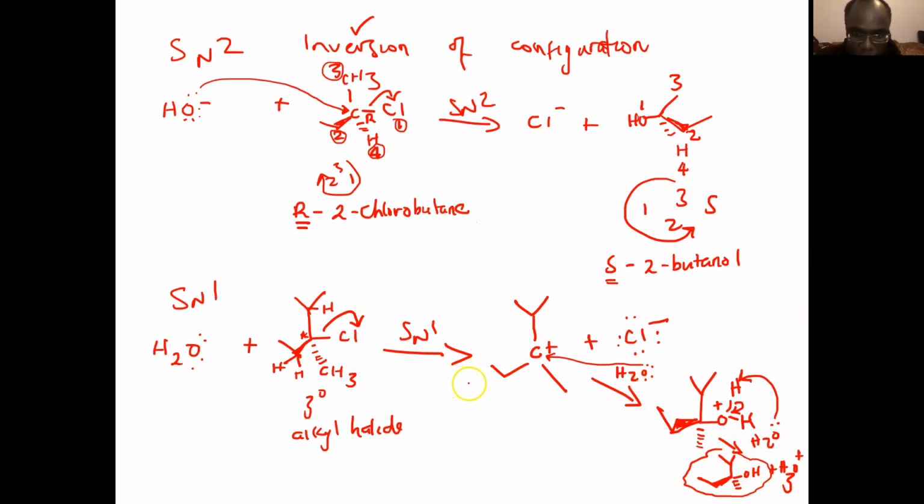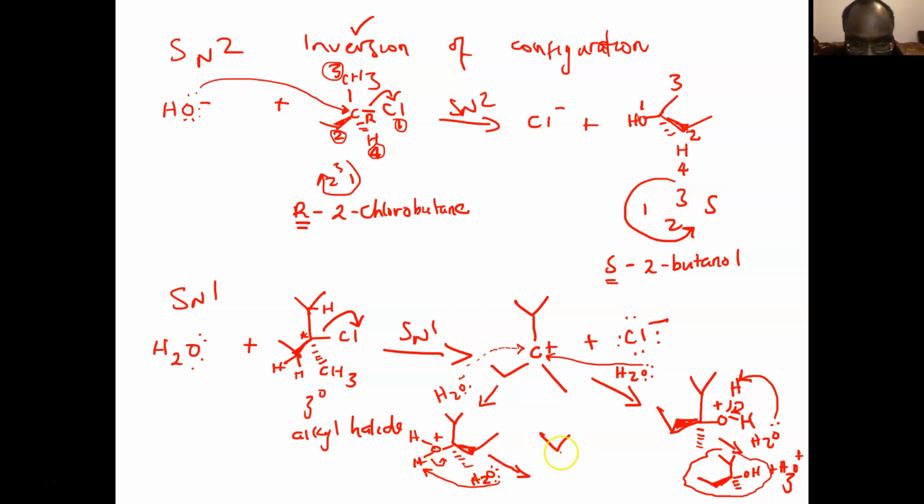Okay, but you have the other option where the water can decide to attack from the other side, in which case you'll have the ethyl group to the left, the methyl group to the left, and the water to the left. And then again, organic molecules don't like to have charges on them, so we use an extra molecule of water that will act as a base to take out the extra hydrogen.